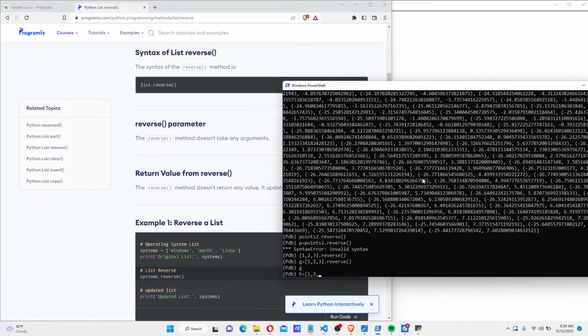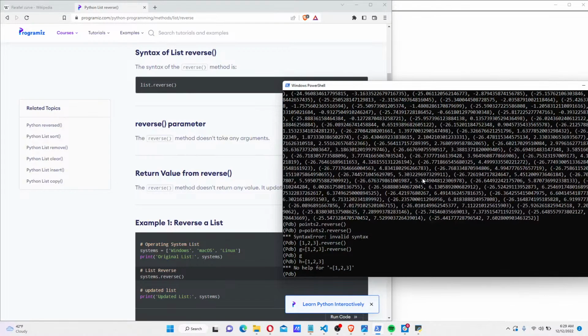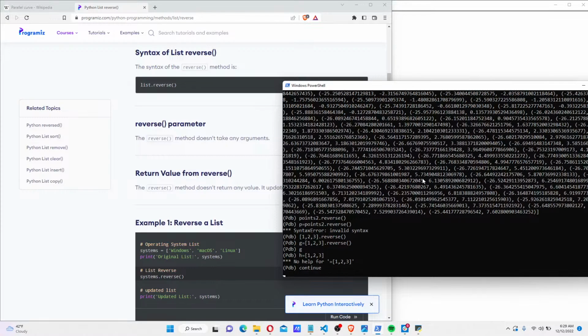Okay. I don't understand this at all. I'm going to leave the debugger.